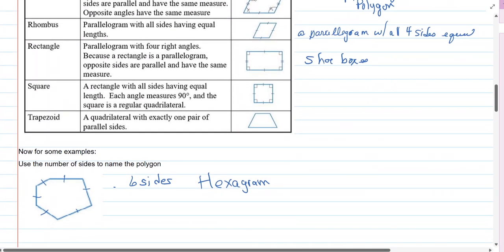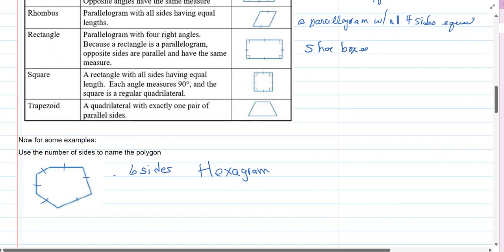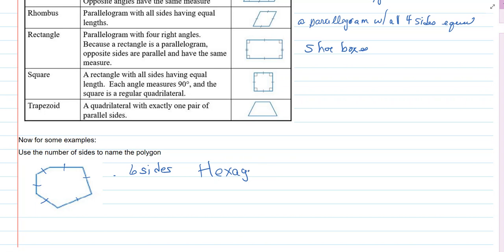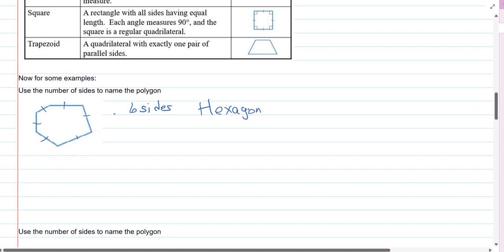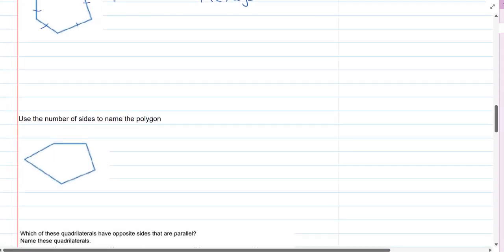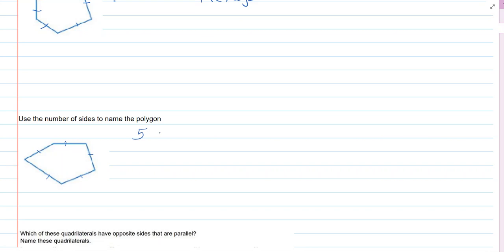I should say gon, not gram. Sorry about that. Because it's a polygon. Now we're going to count this one. 1, 2, 3, 4, 5. 5 sides. It's a pentagon.